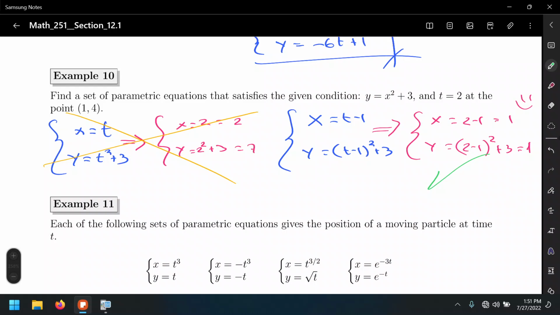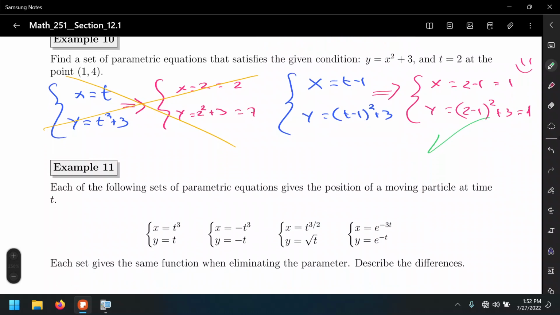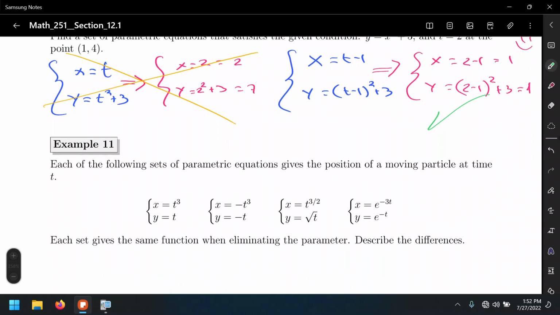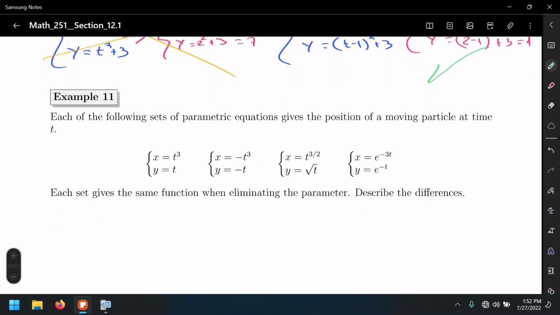So in some cases, we need to do minor or slight tweaks in the system in order to fit certain conditions, in this particular case, that when t equals 2, the particle is at a given point. All right? So let's see. All right, so now let's analyze the set of parametric equations right here.